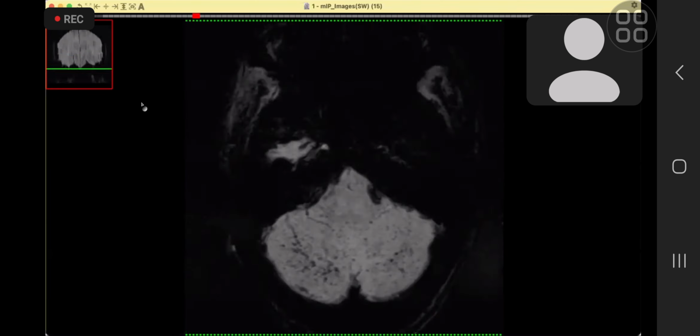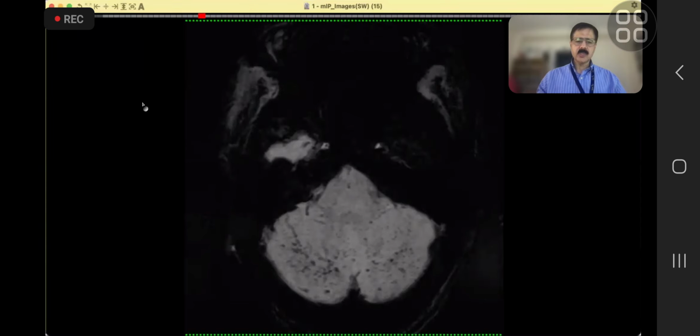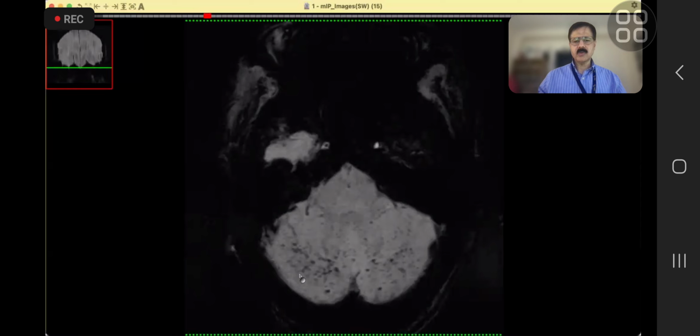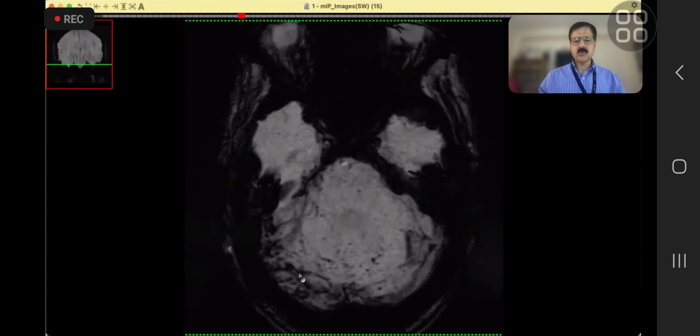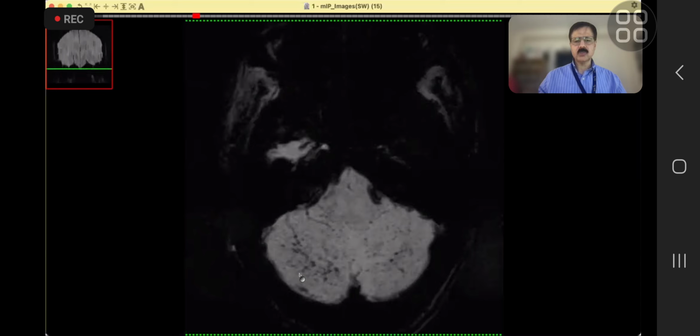So there is involvement of the cerebellum. Can we explain it on grounds of diffuse axonal injury?